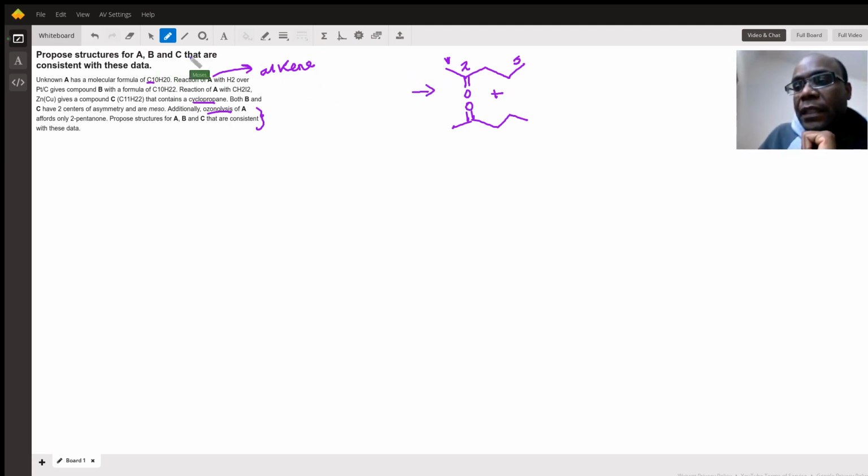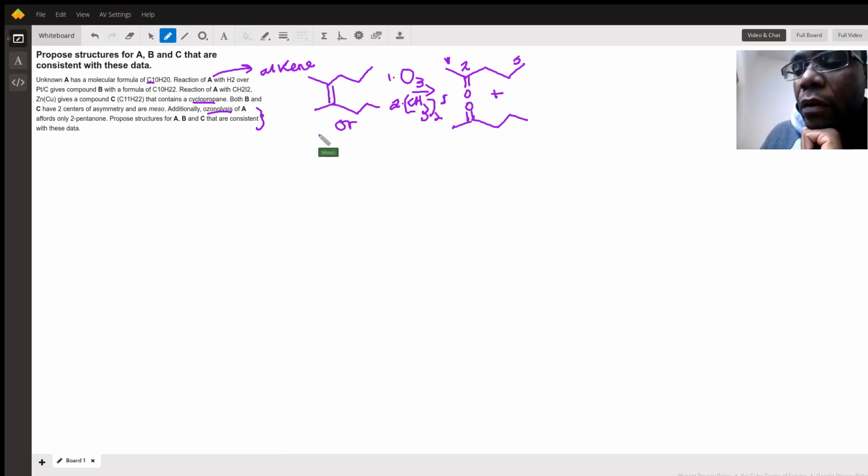Ozonolysis, which is usually ozone followed by, I think, dimethyl sulfide or zinc, those are the 2 options. So ozonolysis, under these conditions, should break this double bond apart. Which means our original double bond might have looked either like that, or like this.